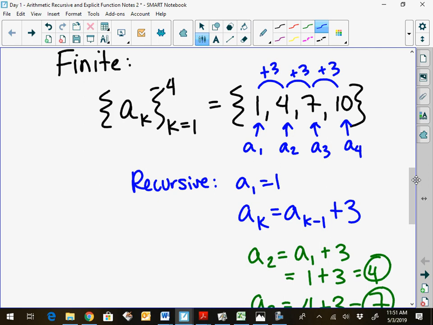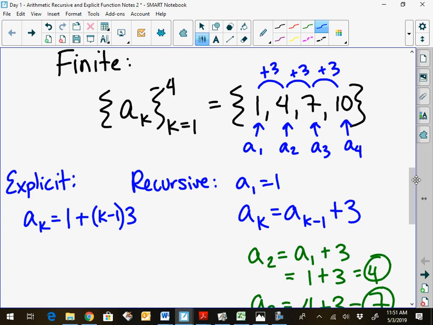I'm going to just write explicit off to the side here. And my explicit function would be a sub k, because this notation had k, equals a sub 1, which is 1, plus, and I'm going to say k minus 1 times 3.